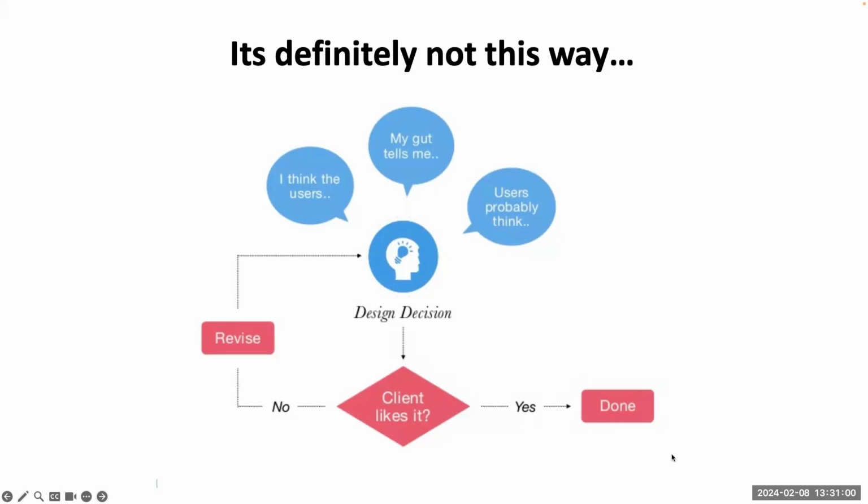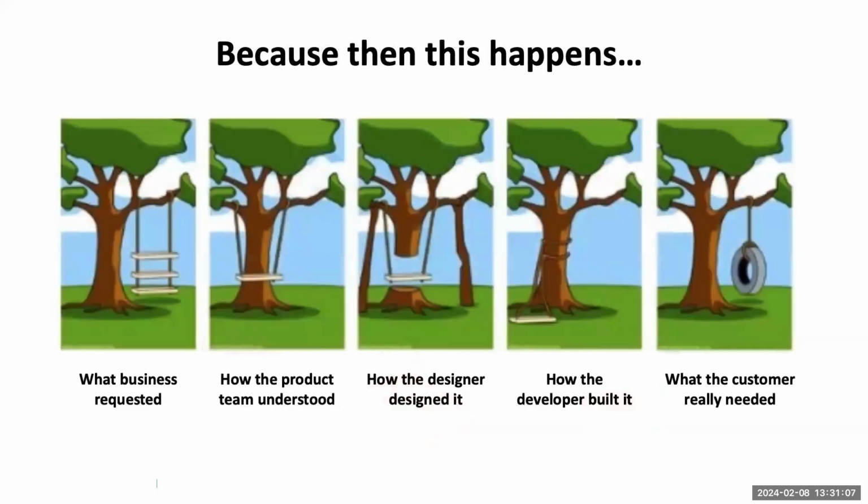It is not that way, because if we treat user experience design in this way, this is going to happen. The business requests a swing. The product team understands that a swing means it has to be on a tree, and they would put two ropes and a slab for anybody to sit on, and it should be able to swing.